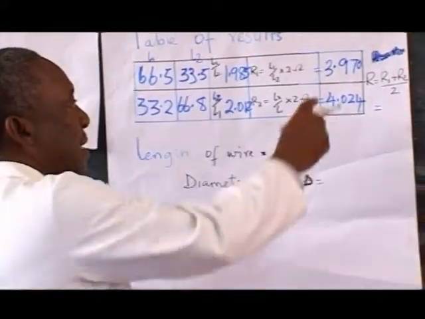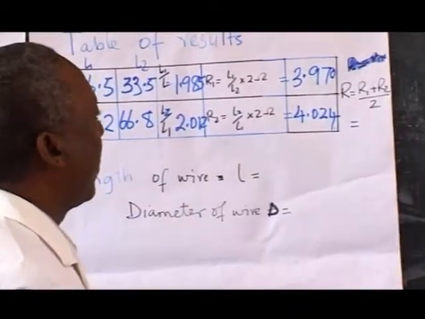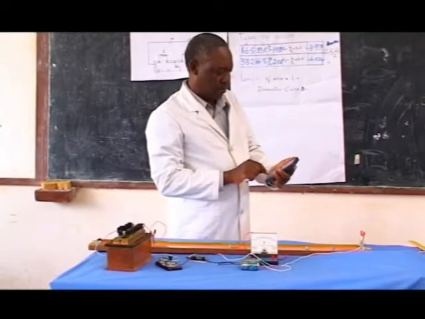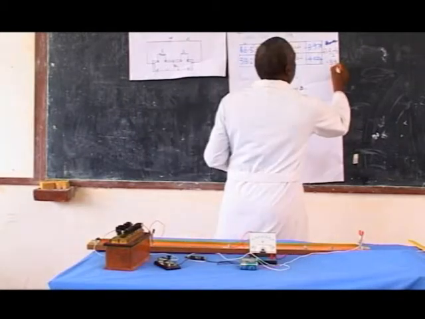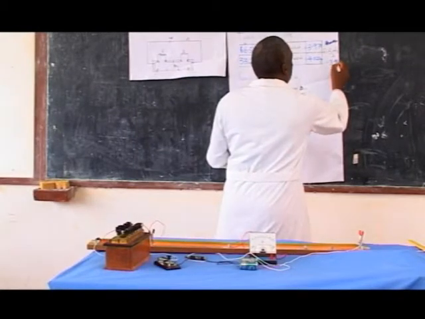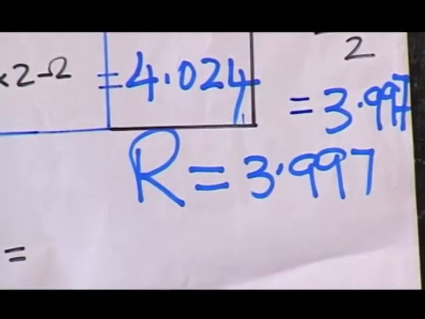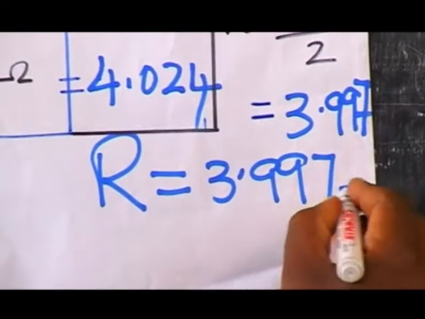Thereafter, add the two resistances and find the average. So the resistance of the wire is 3.997 ohms.